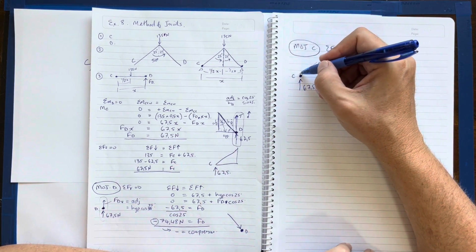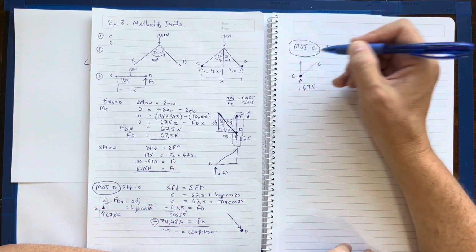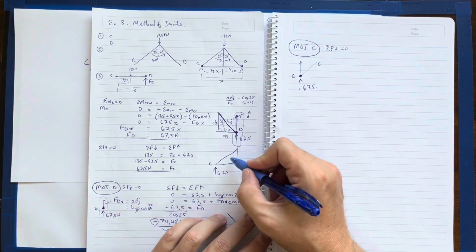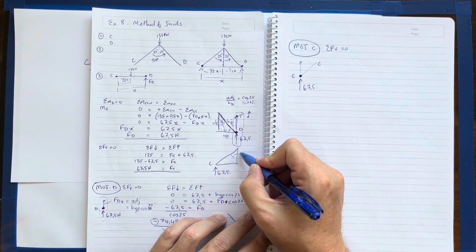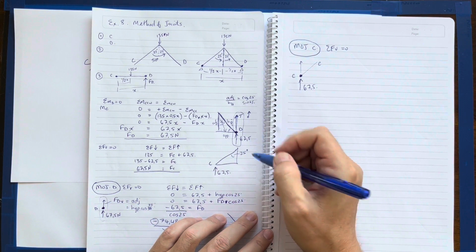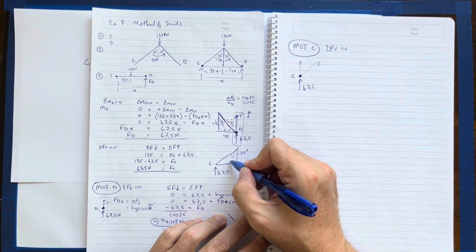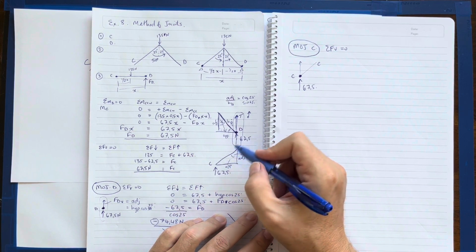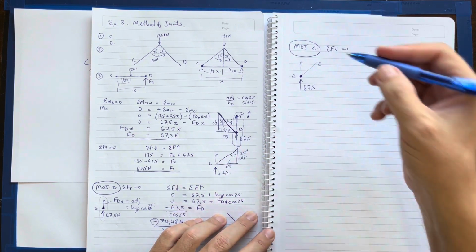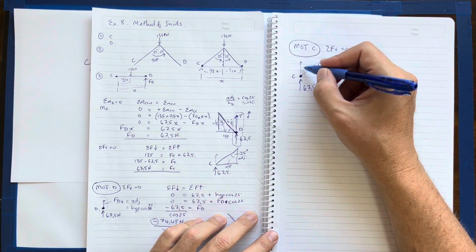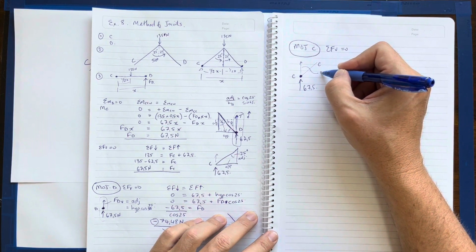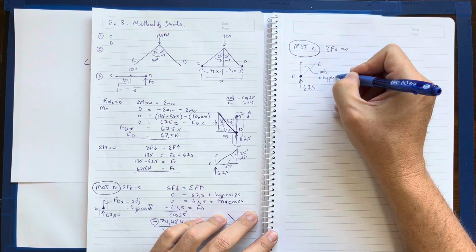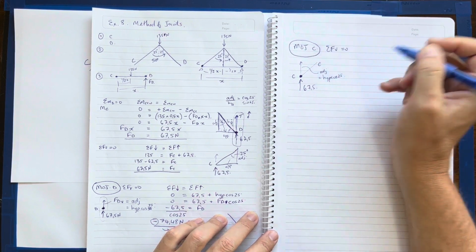It's an axial load, but I can only work with the vertical equivalent. Its vertical equivalent, just like here as well, this is 25 degrees. This is going to be the opposite. This is going to be the adjacent. It's going to be another cos to work out that one there, and the adjacent equals hyp cos 25.